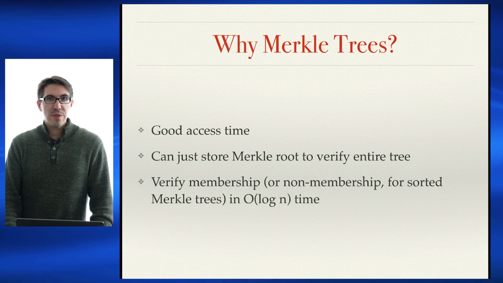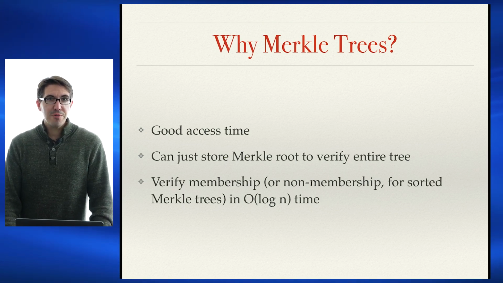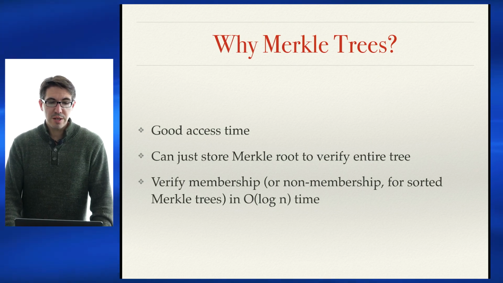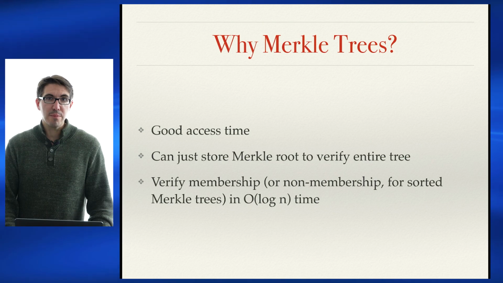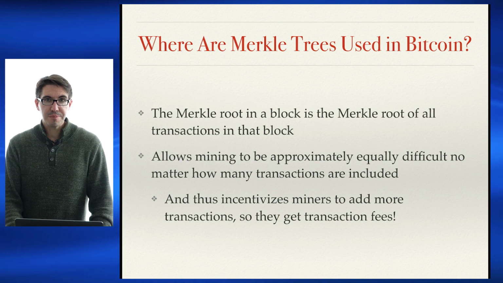Just like with a naive blockchain, we can simply store the Merkle root and verify the entire tree. Finally, we can verify that a particular piece of data is stored in a Merkle tree in O of log n time. Or if the Merkle tree has been sorted, we can verify non-membership. That is, something does not exist in this particular Merkle tree.